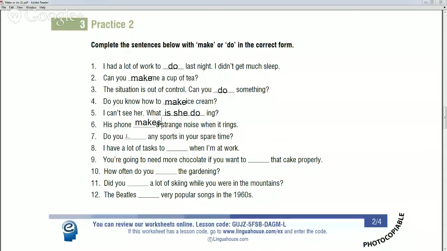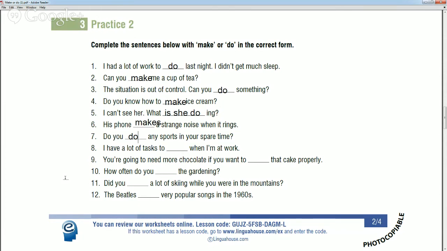So his phone makes a strange noise when it rings. Number 7. Okay, can you do that one? Do you do any sports in your spare time? I like to hike. Would that be a sport? How about you? Swimming and walking. Okay. And how about you, Perla? I usually walk.